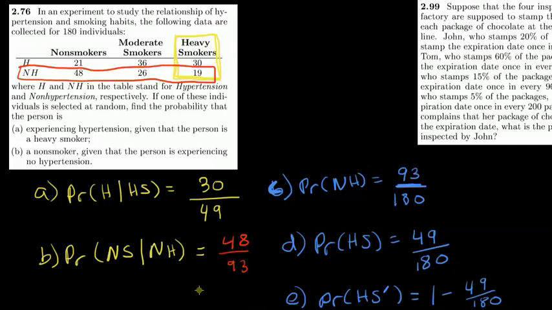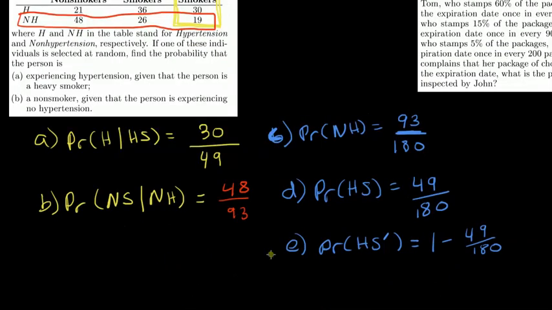What about the probability of being non-hypertensive and a non-smoker?